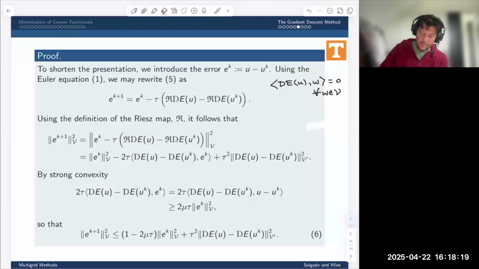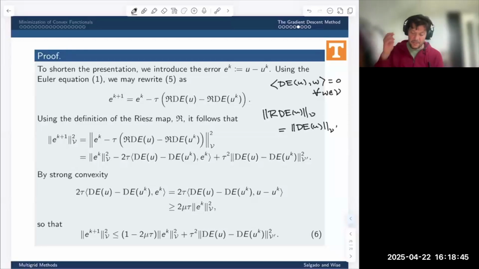If I have the Riesz map of DE(U), that's an object in V, and we can take its V norm. We said that's exactly equal to the norm of the linear functional in the dual space norm, or the operator norm. So that's the one we're going to use.